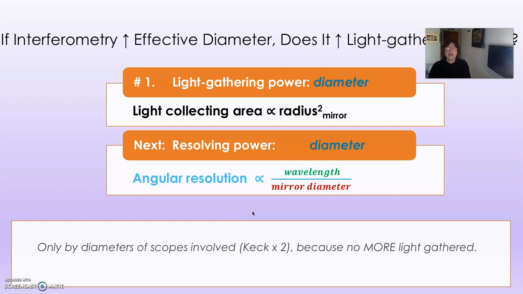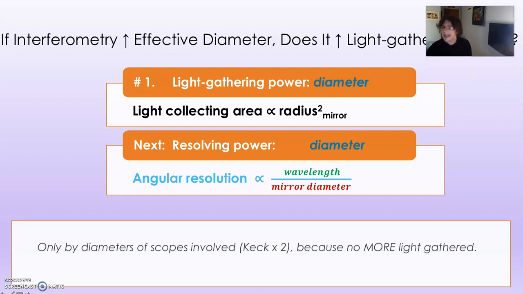When we get into interferometry, if it increases the effective diameter of the parabola, does that increase its light gathering power? Because remember, light gathering power was related to the square of the radius of the mirror. So maybe if interferometry has increased that diameter, it'll affect the light gathering power.